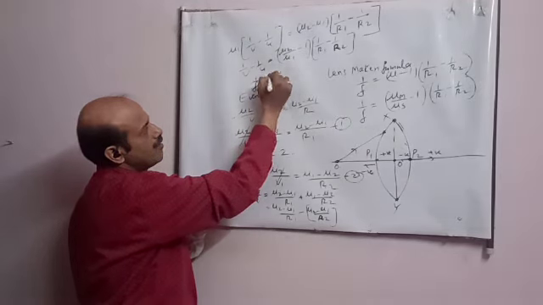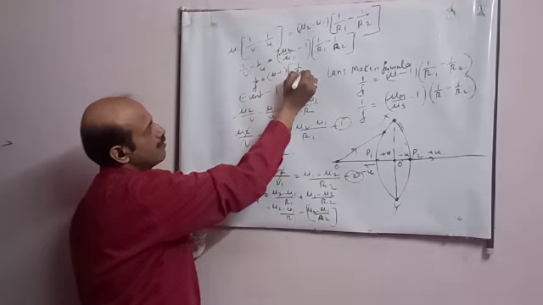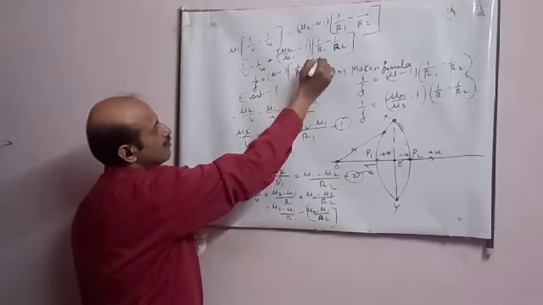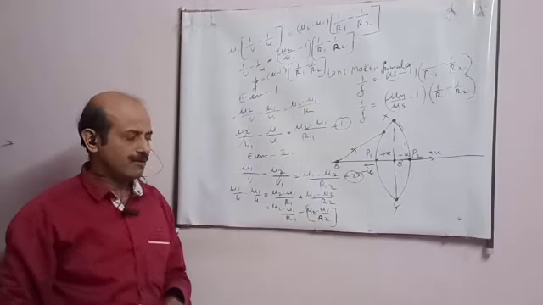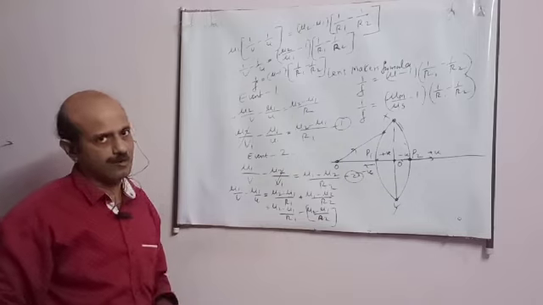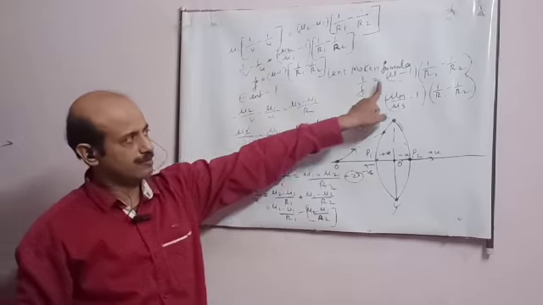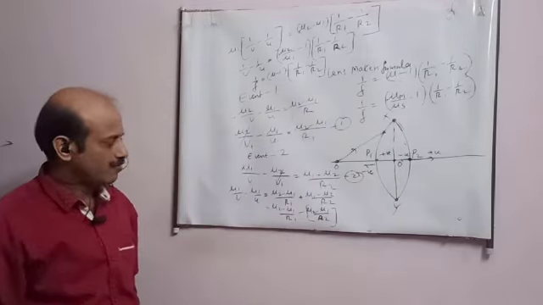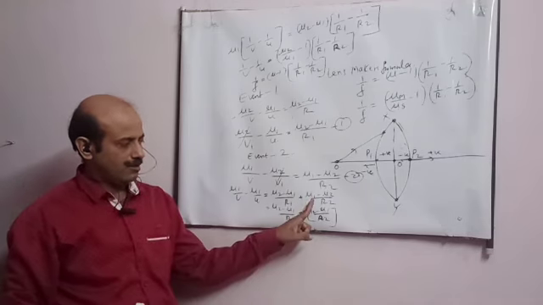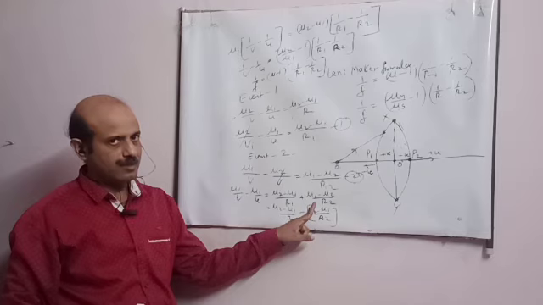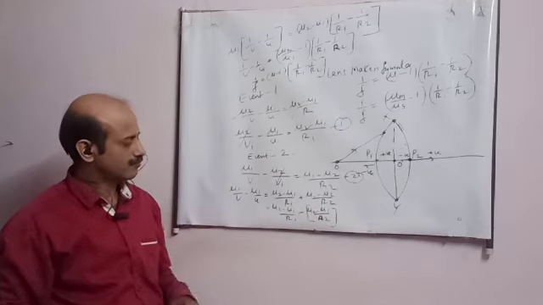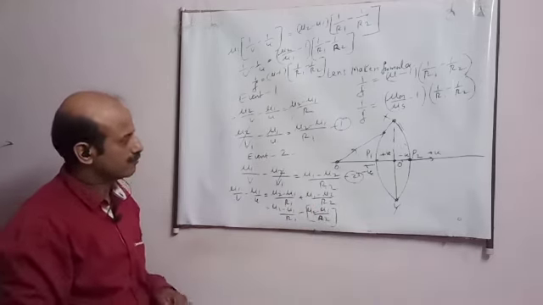So now you get the lens maker formula. As the lens maker formula, student, you got it. Now you can check the same formula. So this is, student, one way of deriving the lens maker's formula.